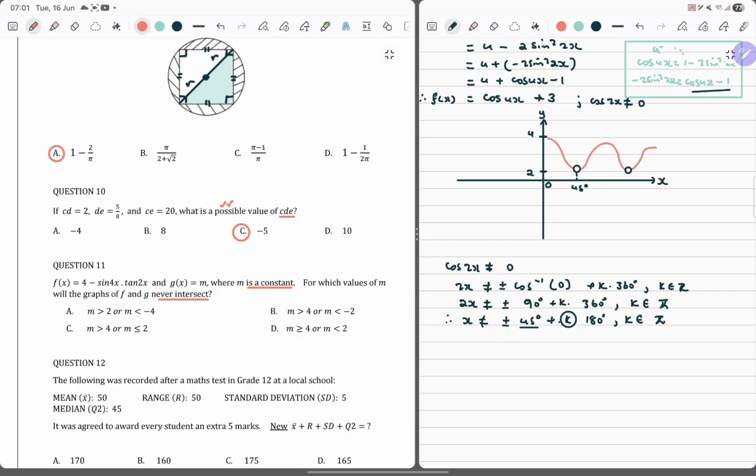Now, folks, this is to say, technically, this function cannot be equal to 2. But it should definitely be equal to 4, right? So if we look at our g function, the g function is just a horizontal line. So we know that if the horizontal line passes through here, it satisfies the condition that we are exploring.